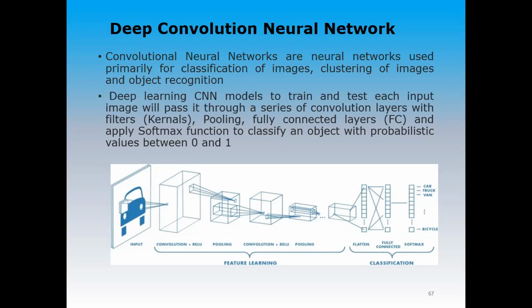When you apply that filter, which is a 3 cross 3 or 5 cross 5, those 3 cross 3 values are taken from the matrix of the image, and you apply a dot product. After you apply the dot product, apply the ReLU activation to get the corresponding output. You normalize the output using max of 0, z, because you might get negative values, so you have to normalize the value.